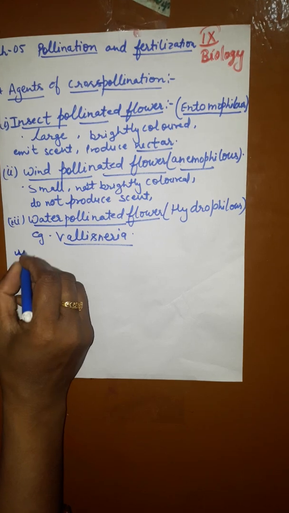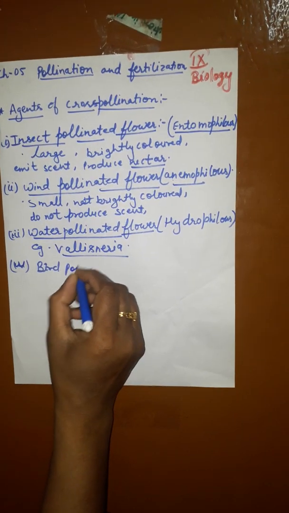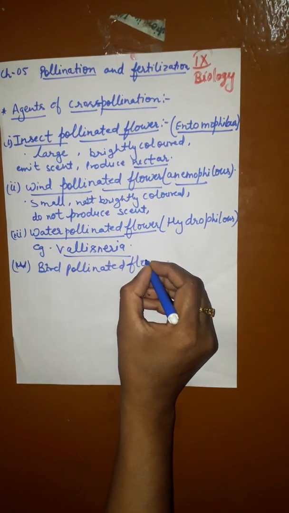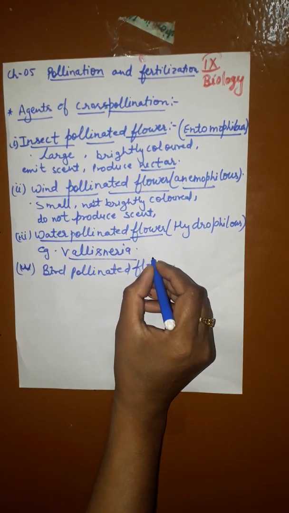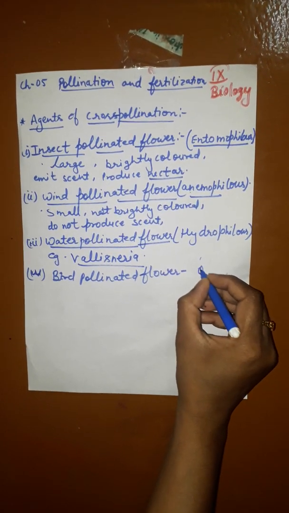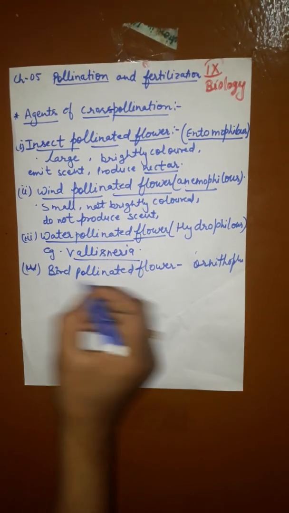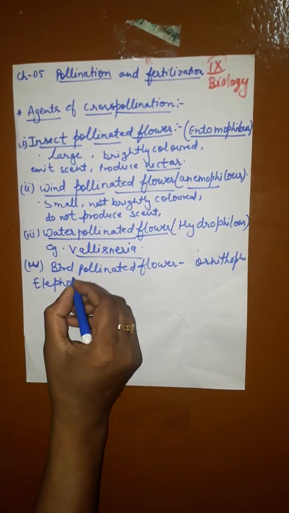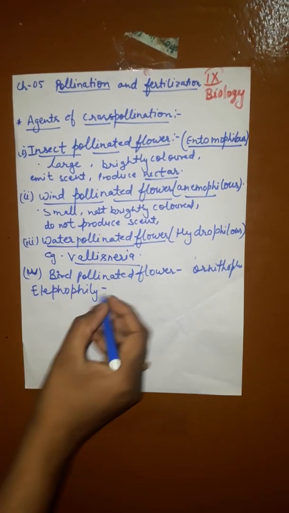Some flowers are pollinated by birds. Bird pollinated flower is called ornithophilous, and the process is called ornithophily. Elephant pollination is called elephantophily, meaning pollination effected by elephant.